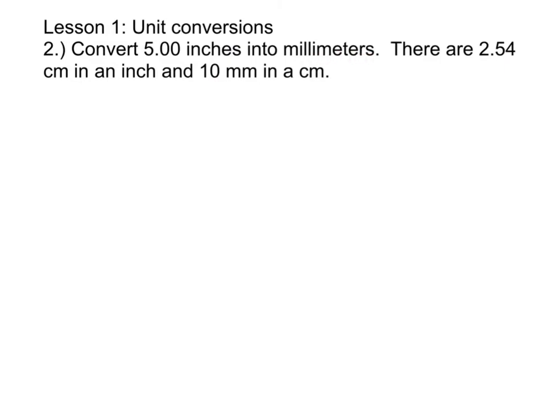We will start out, and we always start off with the information that we know. In this case, we know our inches. So we're going to start off with 5.00 inches.